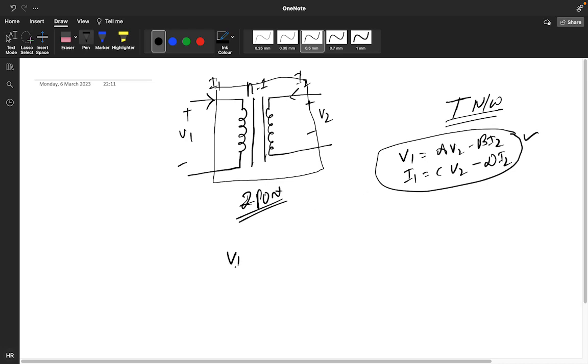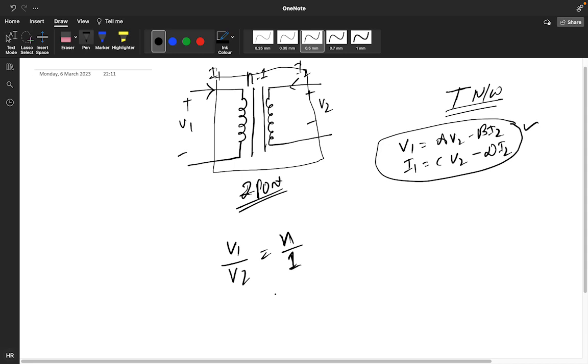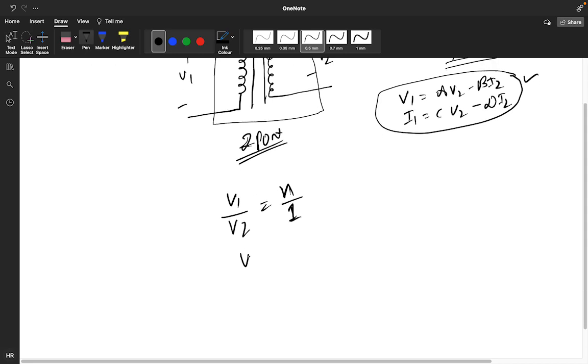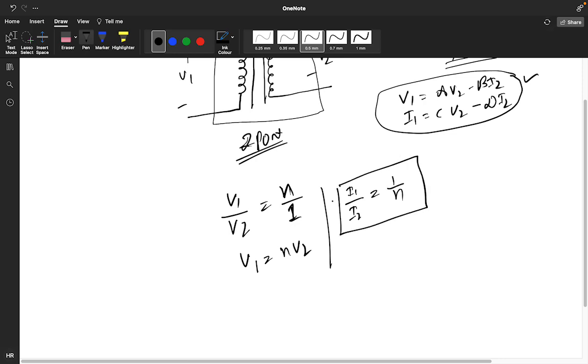So V1 by V2 equals N by 1, so V1 equals N V2. But I1 by I2 equals 1 upon N. These things you know now in a transformer.